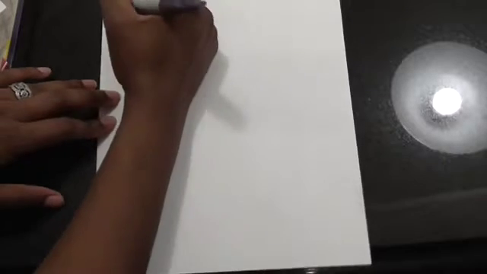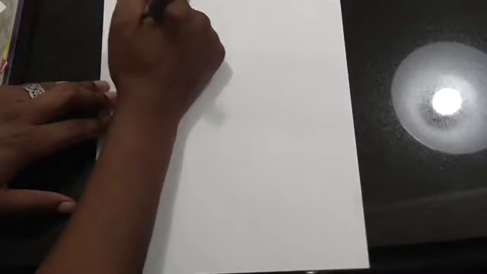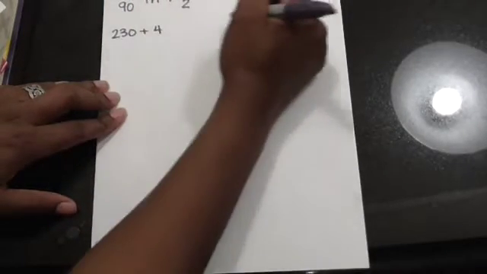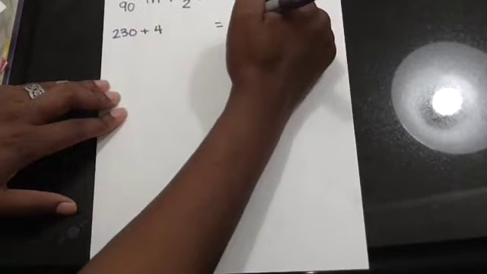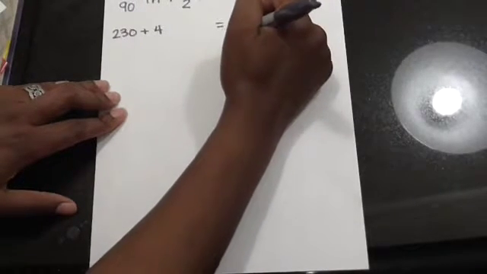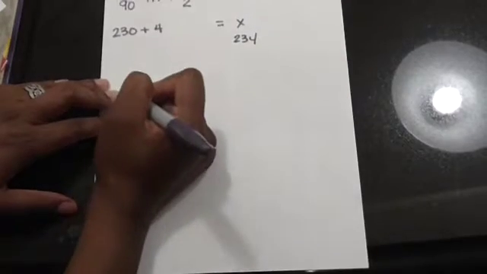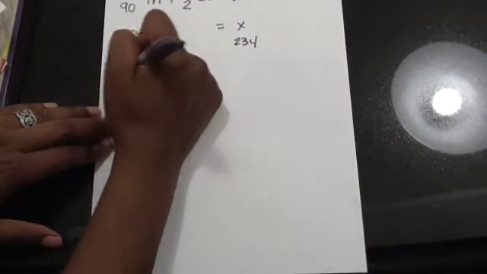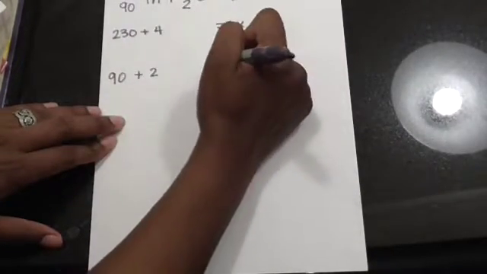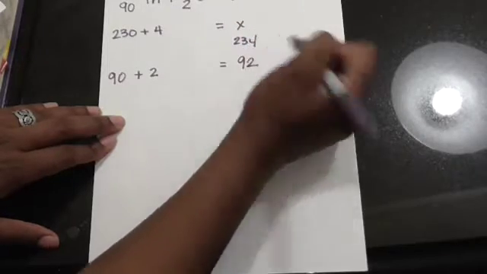We're going to figure out what we're going to get. Now, these are a little bit easier. So we have 230 plus 4 equals x, and that would be 234. I'm going to do the same thing again. 90 plus 2 equals 92.